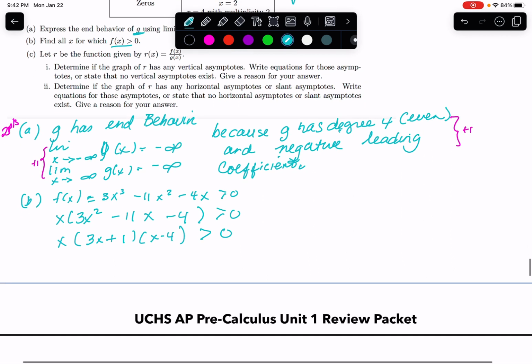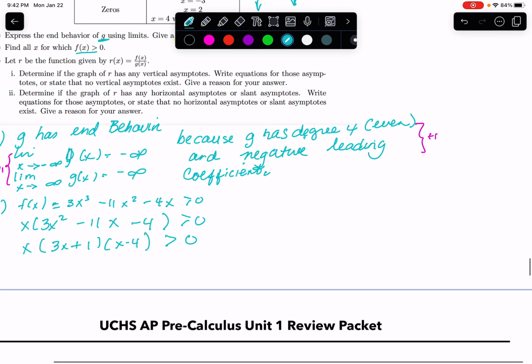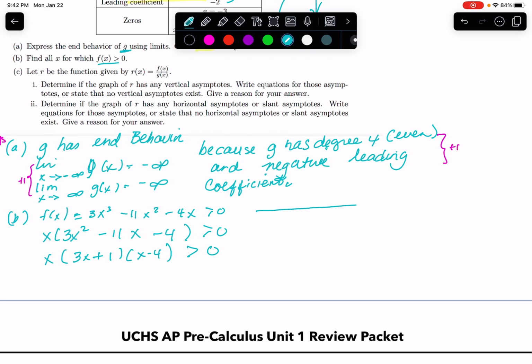So now we can use our graph, or make one. And we have zeros at negative 1/3, 0, and 4. And we had a third degree positive, and no multiplicity.